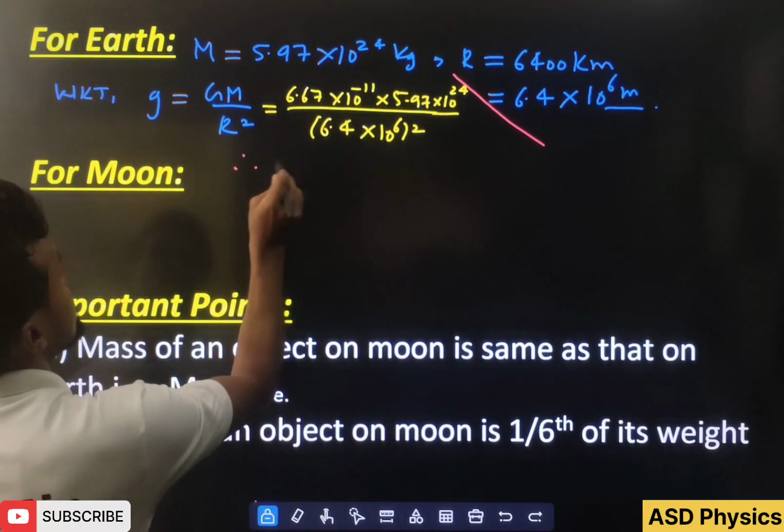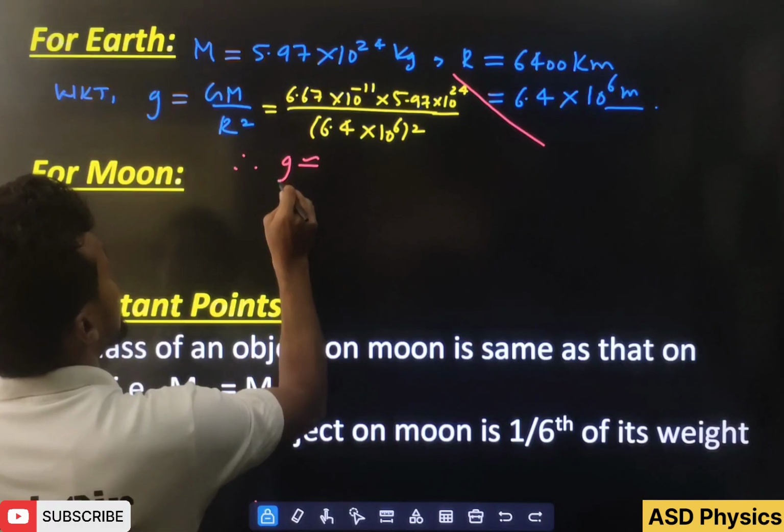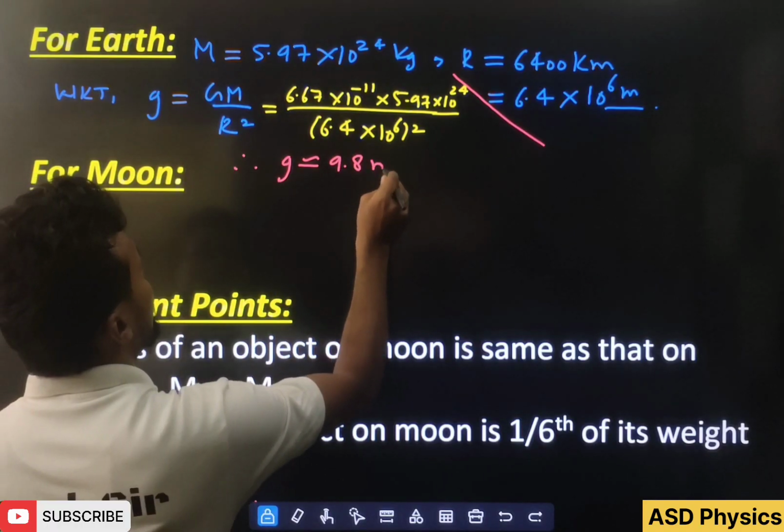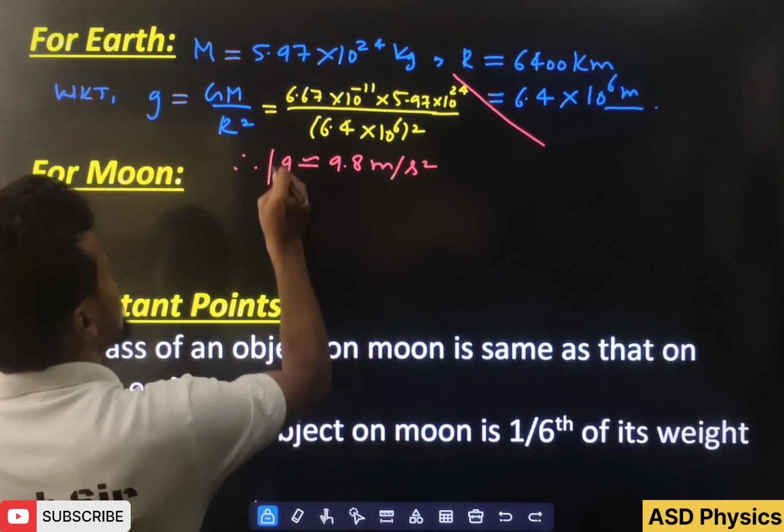When you simplify this, the gravity comes approximately 9.8 meter per second square.